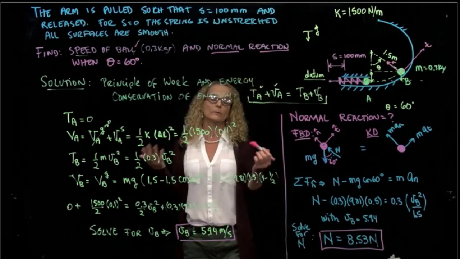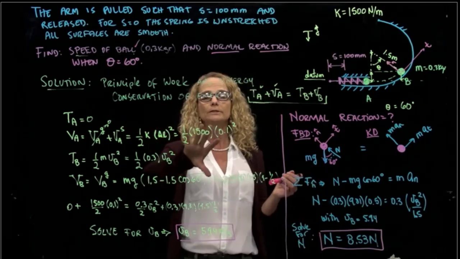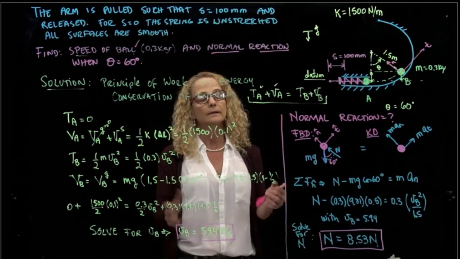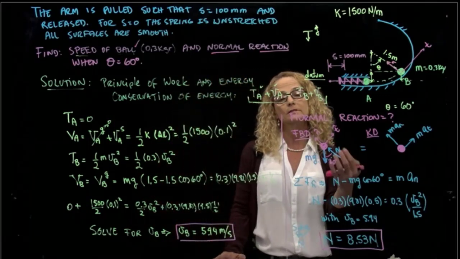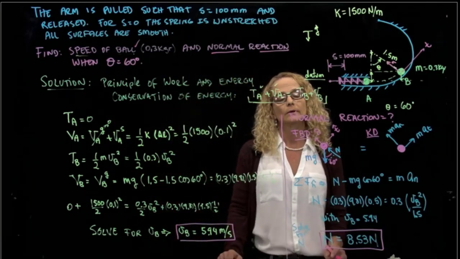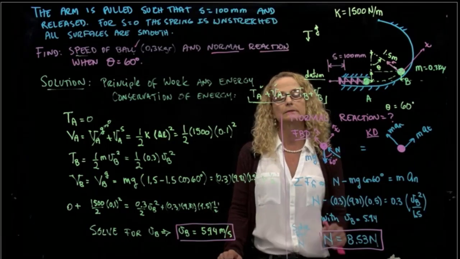So here we first used the conservation of energy to solve for the velocities, and then anytime that we have forces involved, using the kinetic analysis is the best way to go.